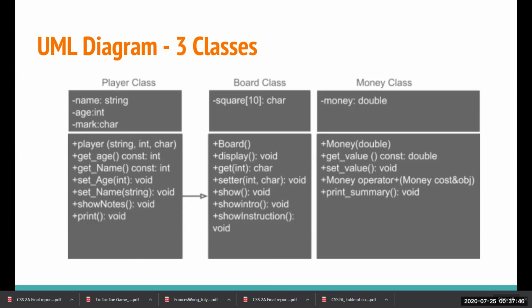Next, let me talk about the 3 classes I have created. There are 3 classes: the board class, the player class, and the money class. The board class is mainly used to display the board game layout.